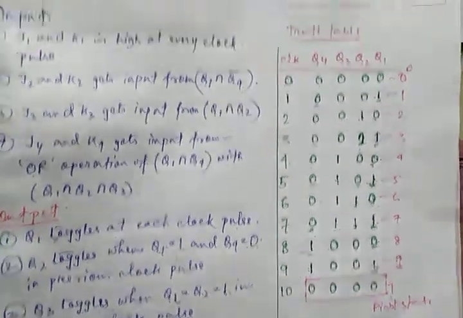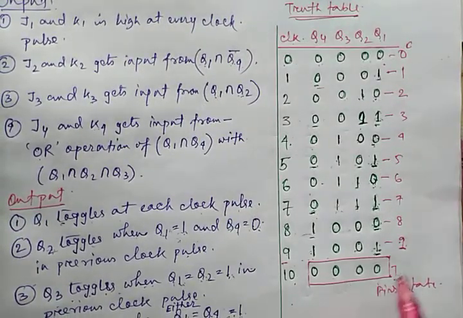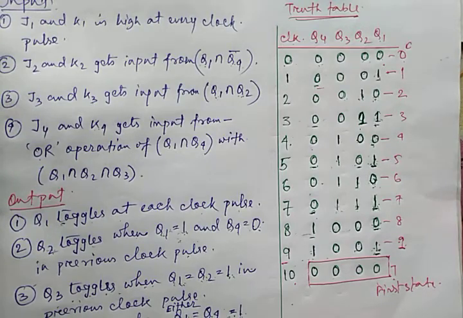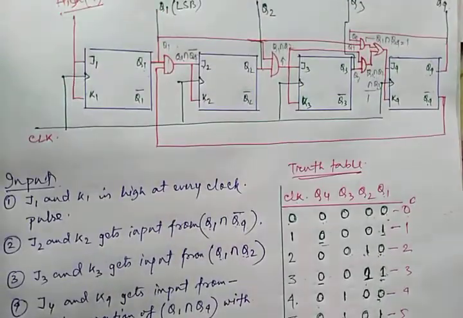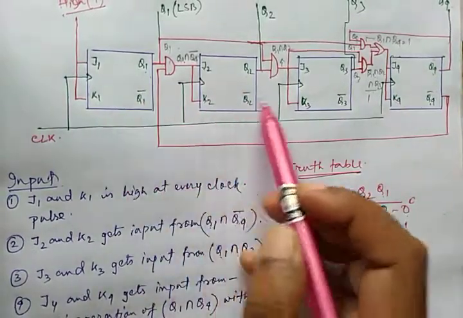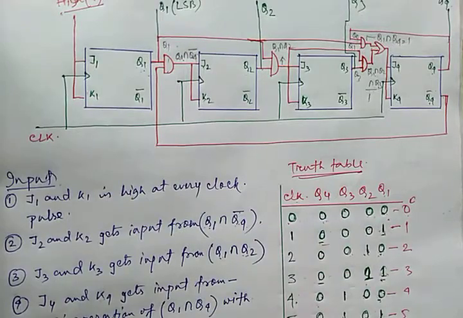That's why this counter is known as a decade counter, as it counts 0 to 9. Also, as the same clock pulse is attached to every flip-flop, this counter is a synchronous decade counter.